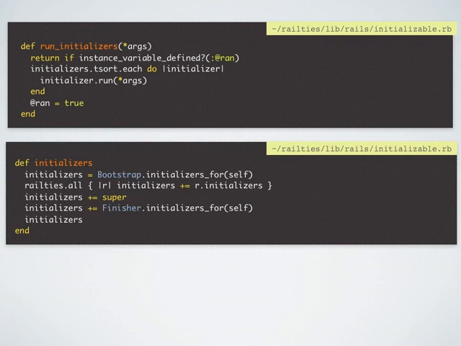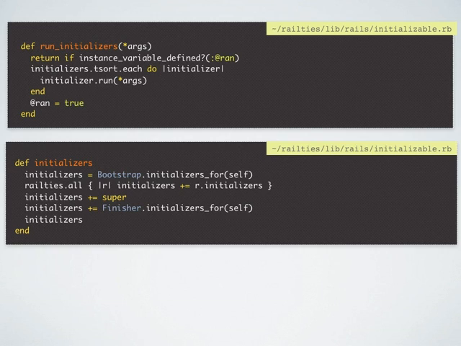Well, the initializers are nothing else but the collection of initializers from bootstrap initializers. So Rails itself has a bunch of initializers which are run before any other initializer. Then all the initializers which have been collected from active record, action controller, action mailer, active resource, and from gems.